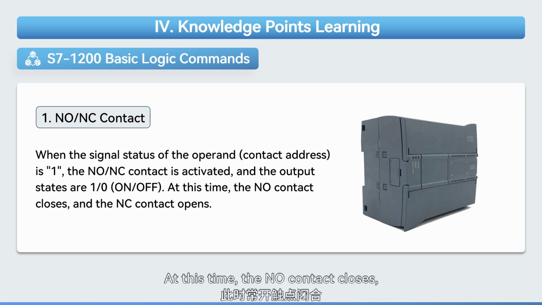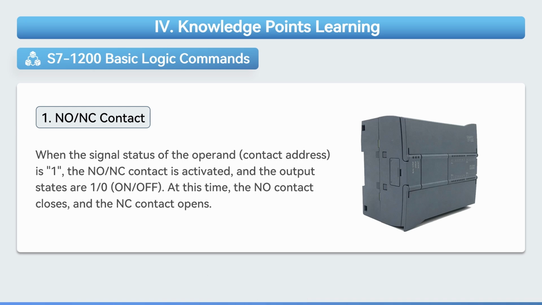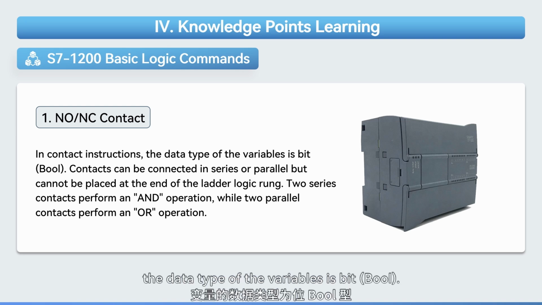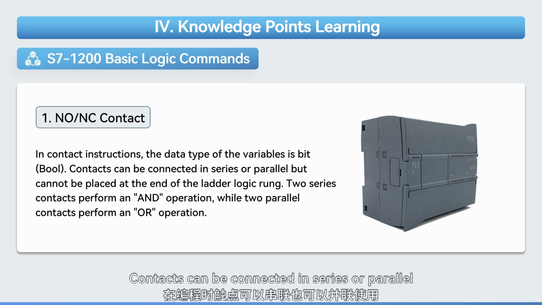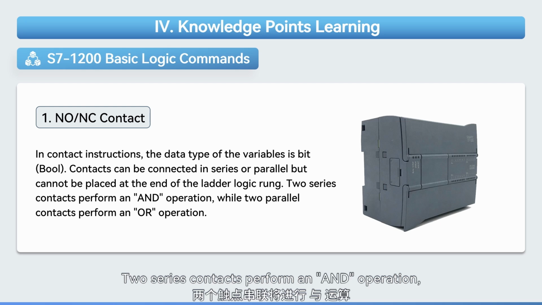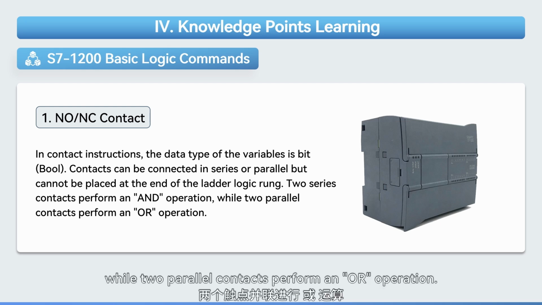At this time, the NO contact closes and the NC contact opens. In contact instructions, the data type of the variables is bit, Bool. Contacts can be connected in series or parallel, but cannot be placed at the end of the ladder logic rung. 2 series contacts perform an AND operation, while 2 parallel contacts perform an OR operation.